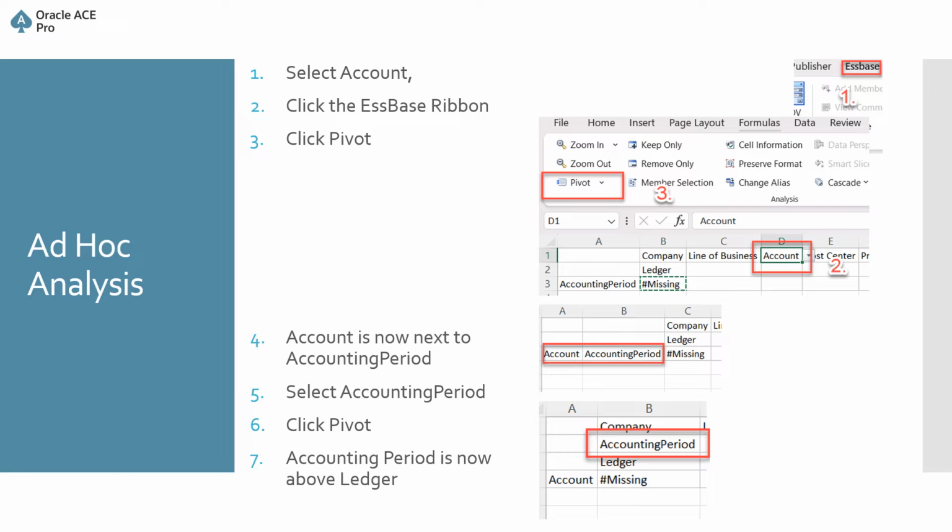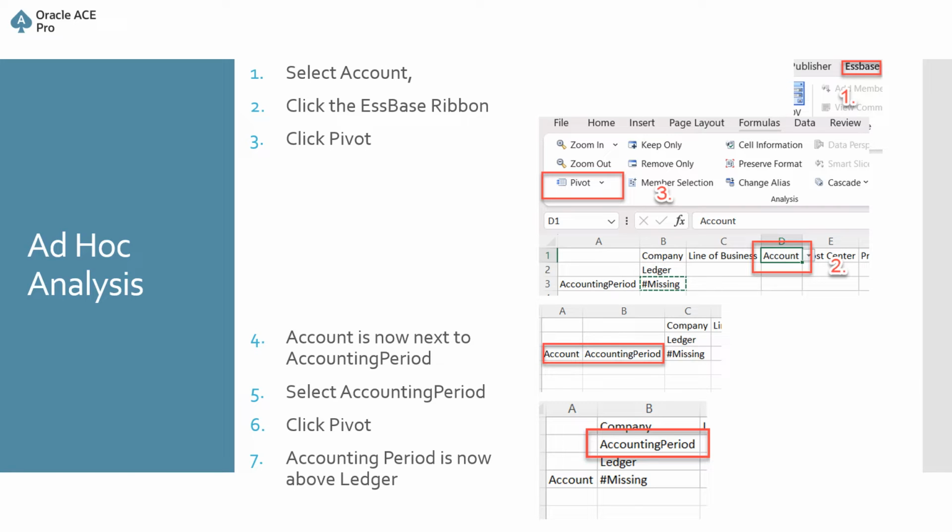If you double click in SmartView, it does do things. It can drill down to details, and you have seen that in our prior presentation on reviewing the SmartView or Essbase ribbon. So you want a single click. You're then going to click on pivot again, and what that will do is pivot it to the column. So that is now a point of view, and you can use that analysis.